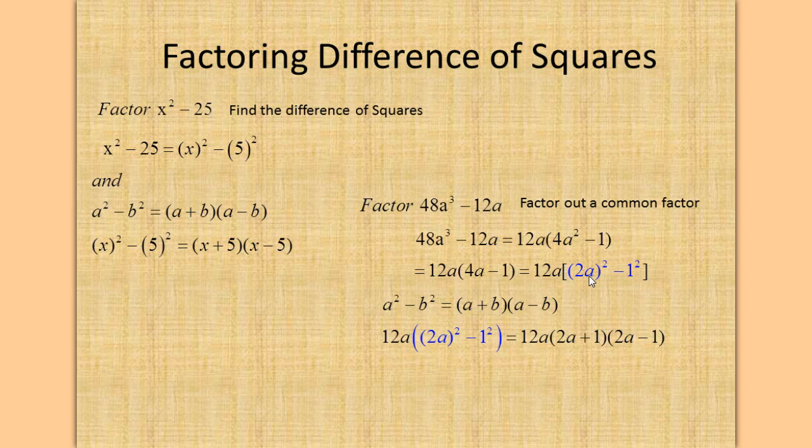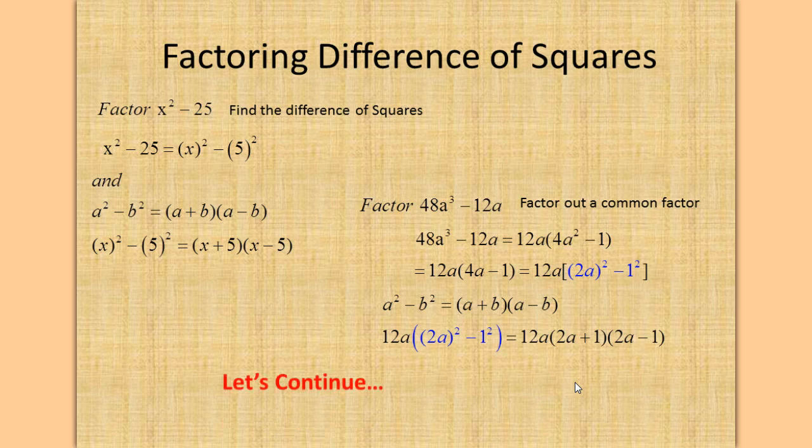So we just take and plug in what our a's and b's are. A is 2a, so we put 2a there, and b is 1, we put 1 there. So therefore we have 12a times 2a plus 1 times 2a minus 1. And if we multiply this out, we'll get 48a cubed minus 12a.